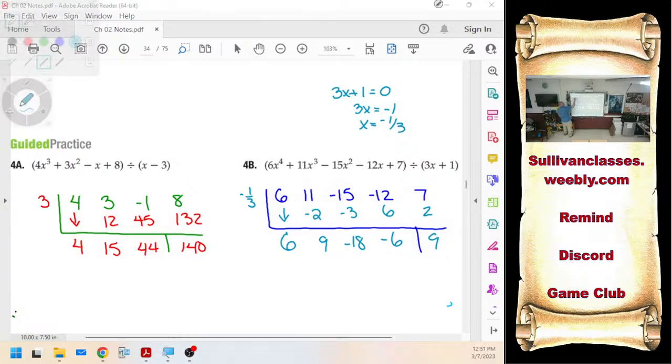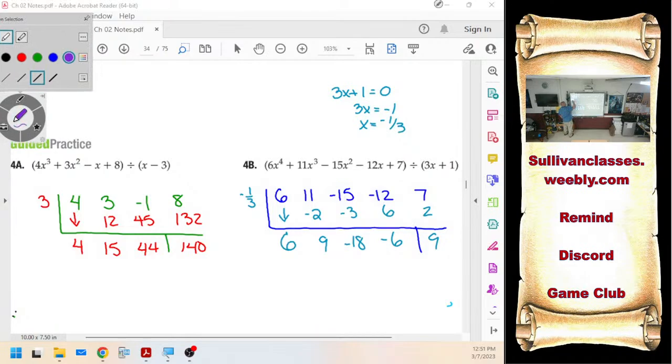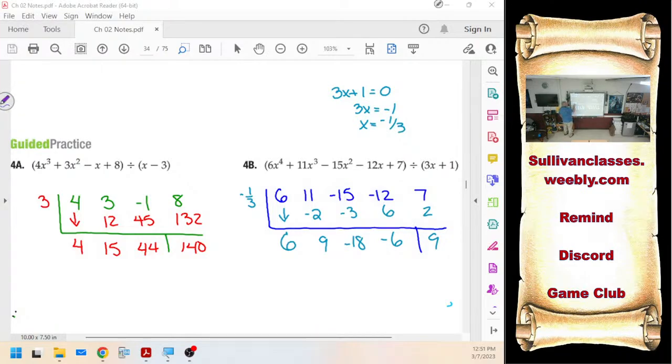Okay, so I go straight to, this is a cubic divided by linear, so it starts off as x squared, then descending order, 15x plus 44. I have a 140 at the end, so I write 140 over x minus 3.